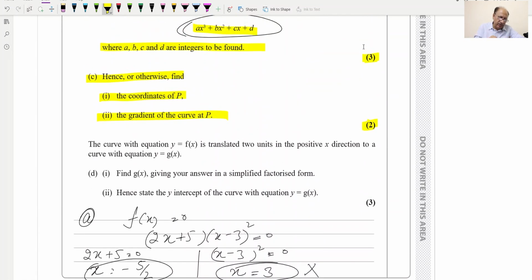Now for the next part, D part, the curve with equation y is equal to f of x is translated 2 units in the positive x direction to a curve with equation y is equal to g of x. So find g of x, giving your answer in simplified factorized form.